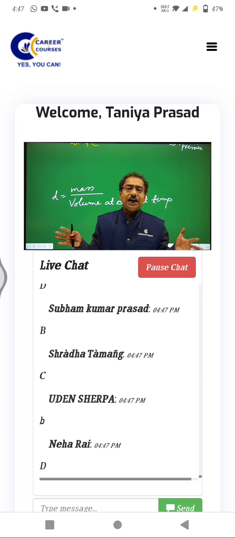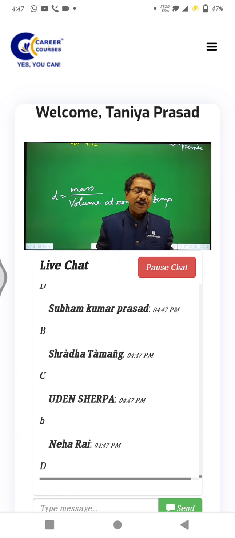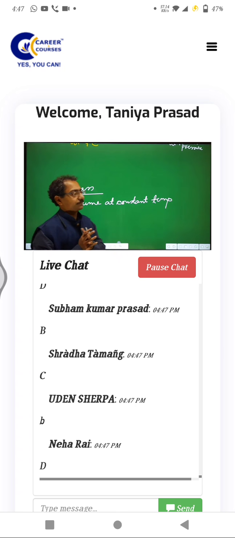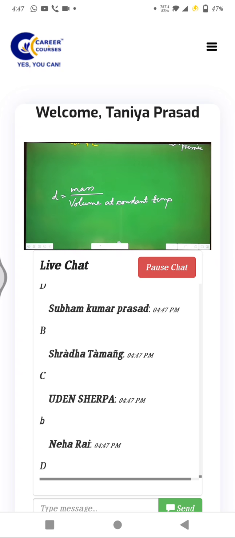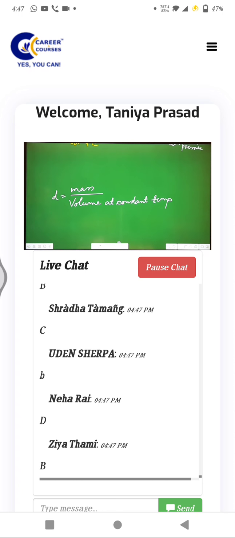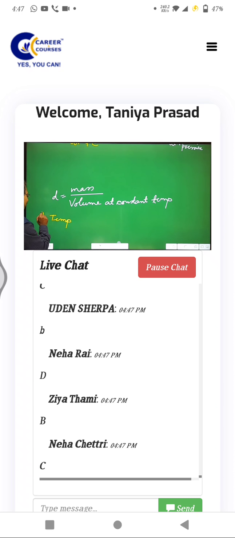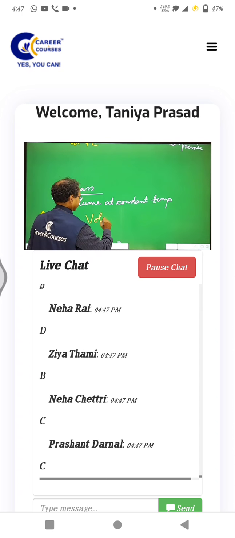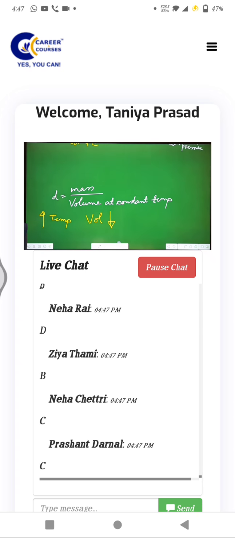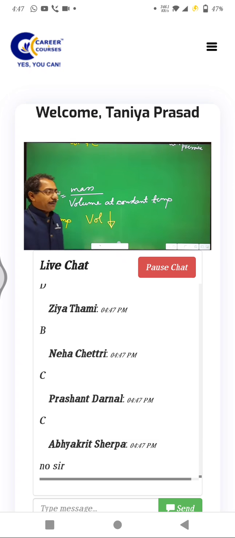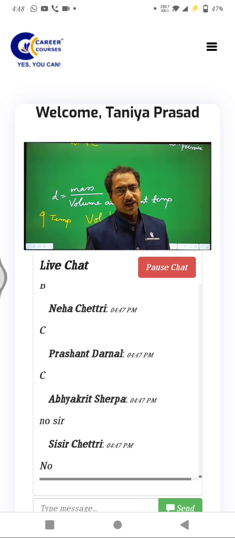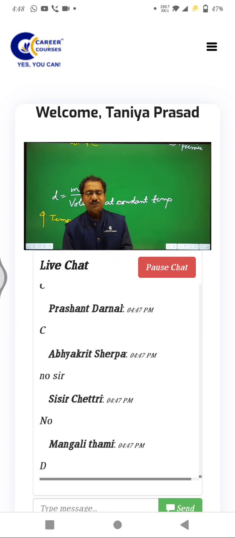Just see, is there any solid material, if we increase the temperature, whose volume decreases? With the rise of temperature, volume of the body decreases. Yes, there are so many examples: plastic, polymer, rubber, cellulose like papers.